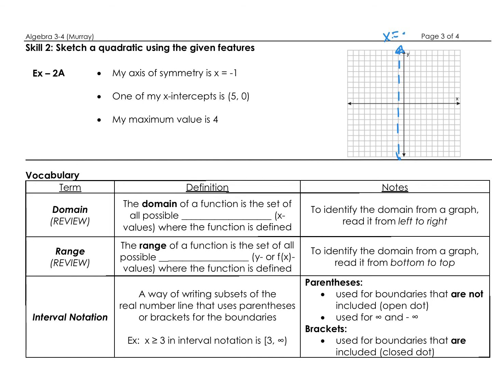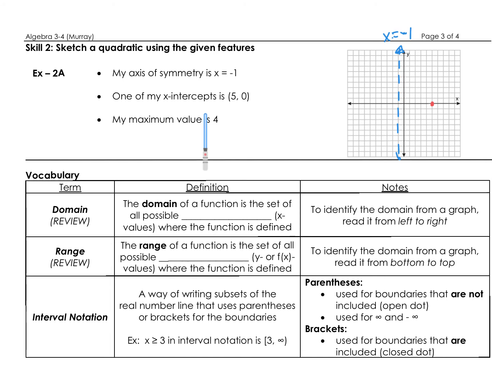So that is your axis of symmetry. Everything should be symmetrical to that. Then one of your x-intercepts is (5, 0). So I'm going to plot that right there.